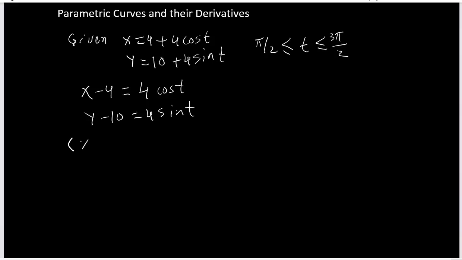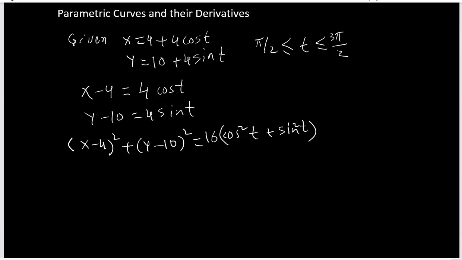So I'm getting x minus 4 squared plus y minus 10 squared. That will give me on the right side 16 cosine squared t plus 16 sine squared t. So I'm taking 16 as a common factor, and that gives me 16.